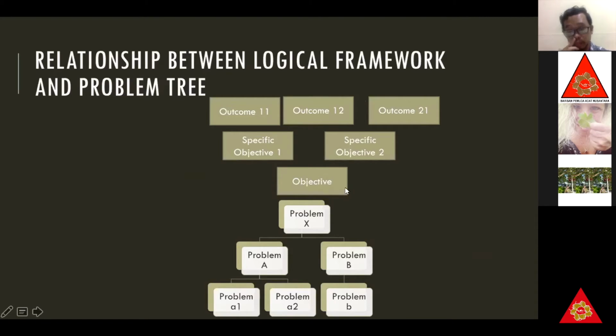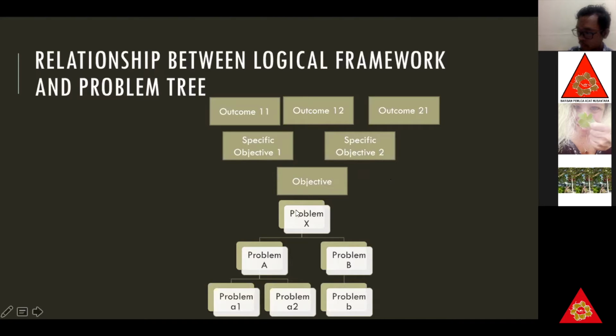So you have your objective, your main goal, and in order to obtain your objective, you must obtain two specific objectives. I will explain the difference between specific and general objective later in the next slide. But you can have this objective if you attain specific objective 1 and specific objective 2.